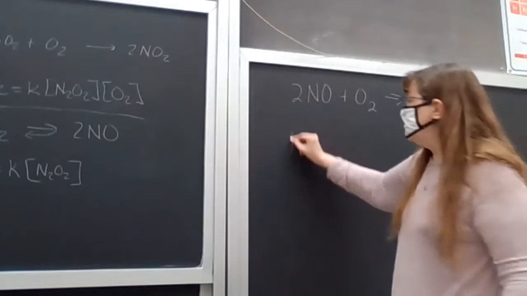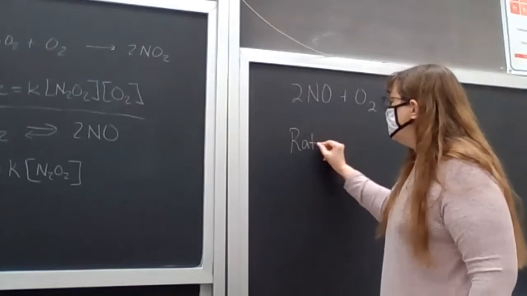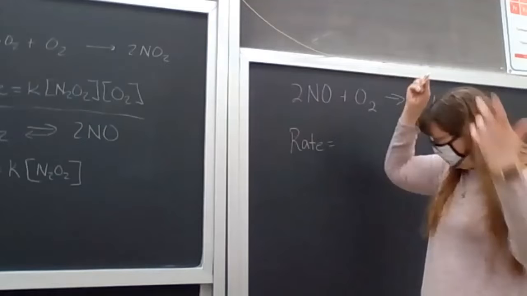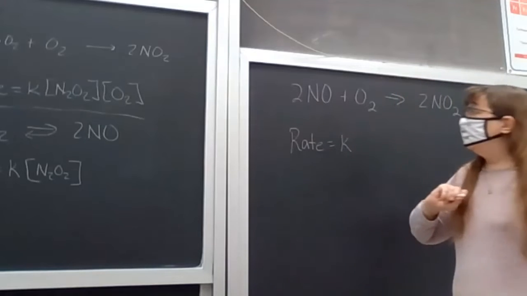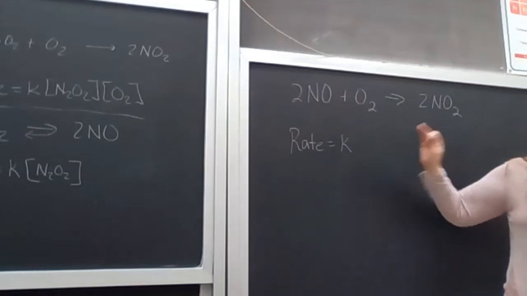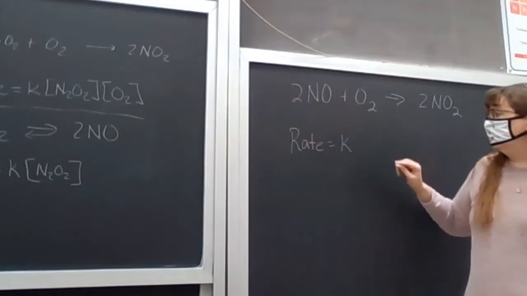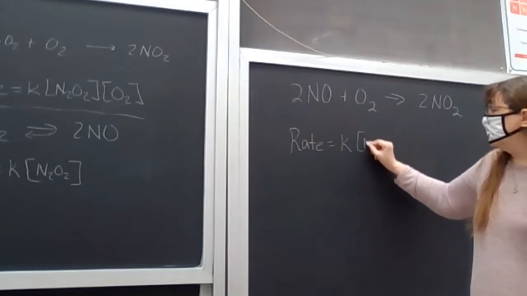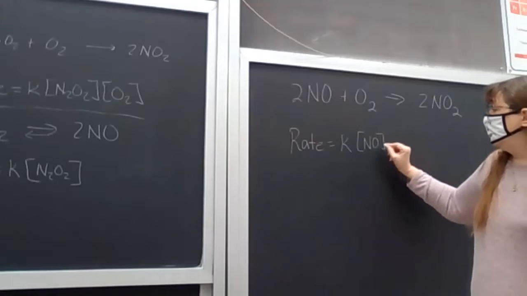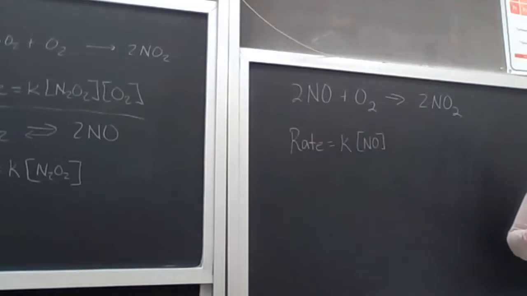So we said rate is equal to, and what's the first thing that goes after the equal sign? Okay. All right. And then we're going to take what? NO. That's going to go in brackets. Are we done? Now, because we're going to use all of the reactants, okay?